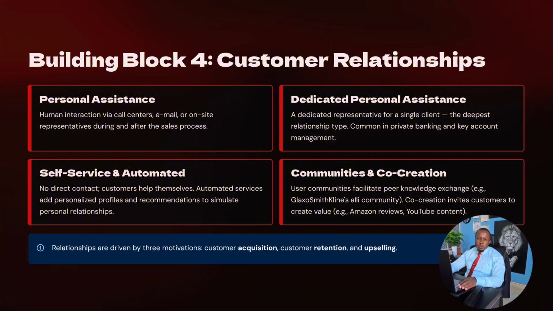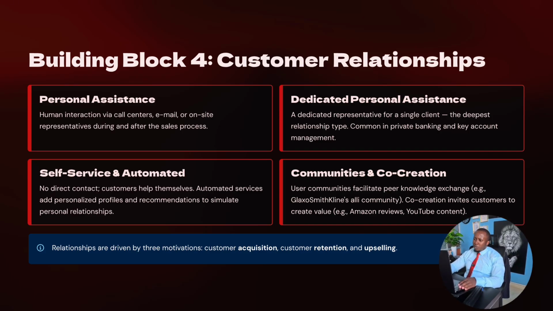The first one is personal assistance. Here there's human interaction via call centers, email, or on-site representatives during and after the sales process. We also have dedicated personal assistants.